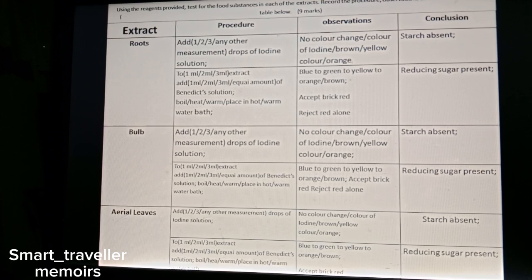Bulb, and the specified number you want of drops of iodine solution, no color change, starch absent. Aerial leaves, do the same, and drops of iodine solution, no color change, starch absent, but reducing sugar present, and also reducing sugar present in the bulb.